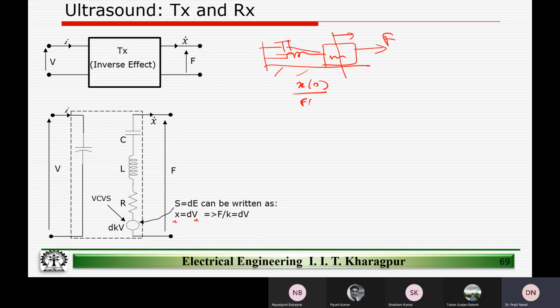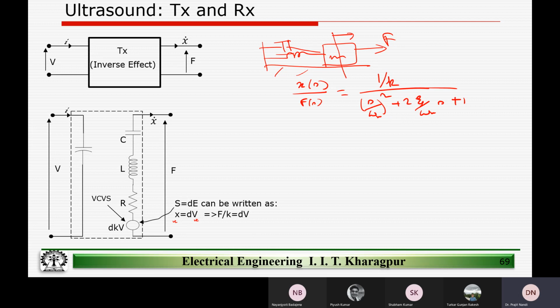It was a second order transfer function, 1 by K over S squared by omega n squared plus 2 zeta by omega n S plus 1. So this is what we had derived earlier.